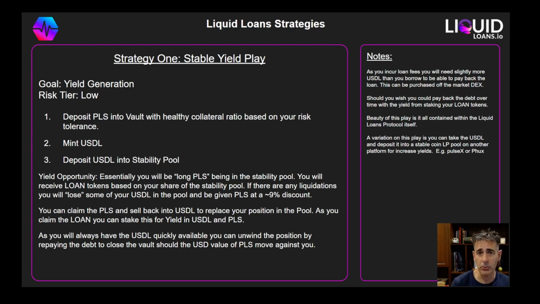That's a judgment call you can make. But the important takeaway from all of this is, don't sell that USDL into another speculative asset. Keep it in a stablecoin type scenario, whether you're holding it in USDL in the stability pool or pooling it with other stables, so that you're not subject to price fluctuations of that asset.